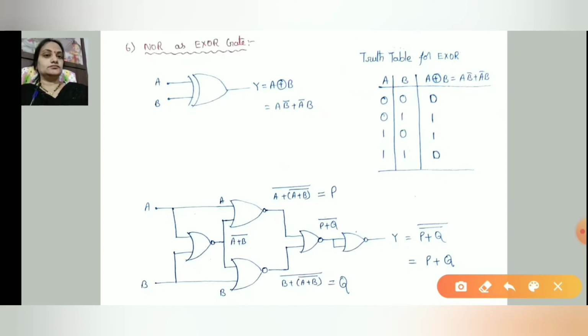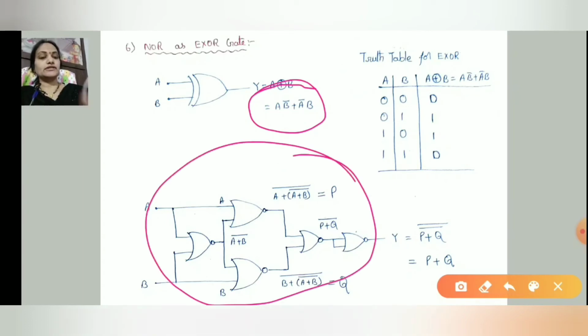So now we have to derive this expression by using NOR gates. So in this chart you can find 5 NOR gates. Okay. So by using 5 NOR gates you can satisfy the operation of the XOR gate.